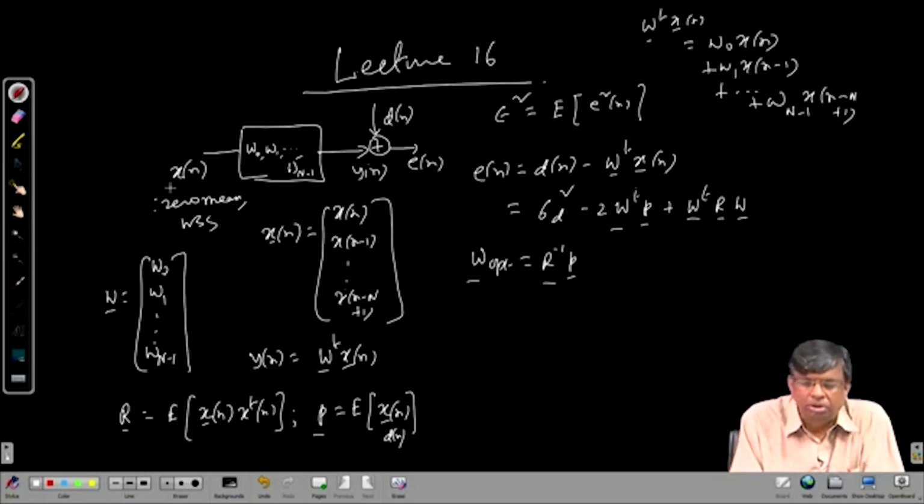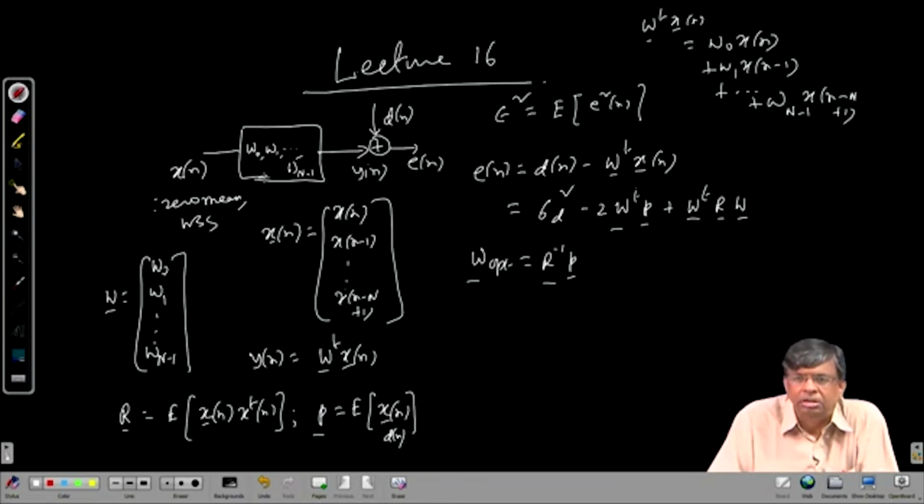So that if R changes and P changes, it will take these coefficients to the new W opt, which is new R inverse new P, and it will go on. Such a filter will be called an adaptive filter. So, there will be an adaptation process by which the filter coefficients will be adapted index after index, from nth to n plus 1th to n plus 2th, by an adaptation algorithm. That is what is needed, and I have to go there from here.